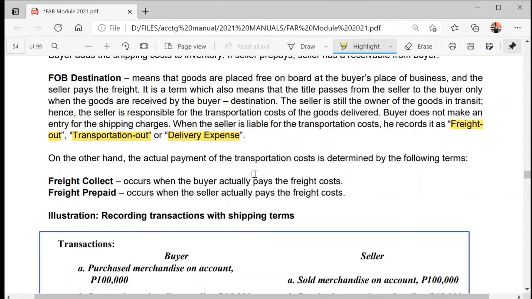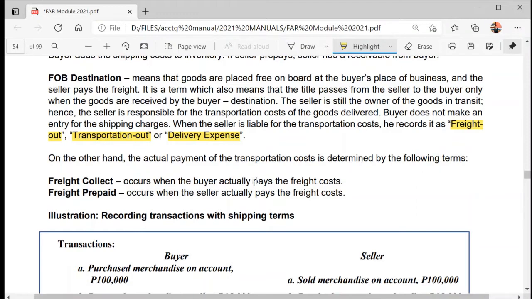If it's freight prepaid, this means that the seller already paid the freight. But it doesn't mean that whoever made the actual payment of the freight is also the one responsible for the freight cost. It's not the case. Okay?